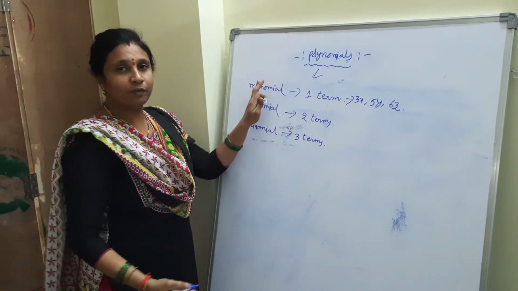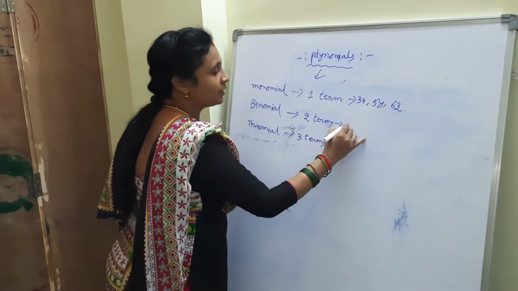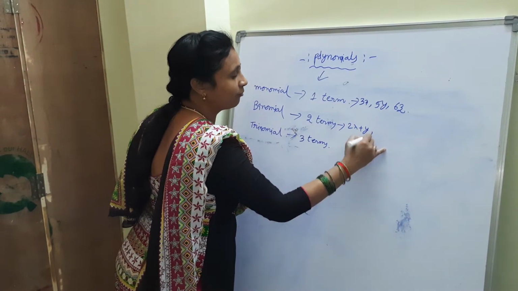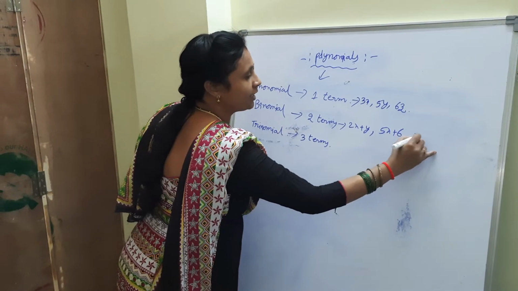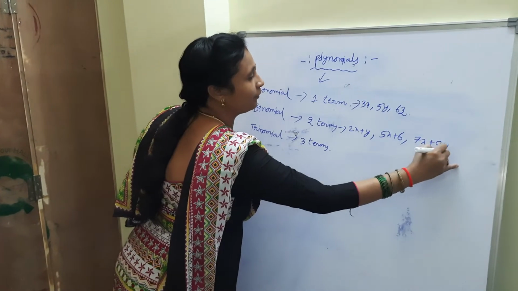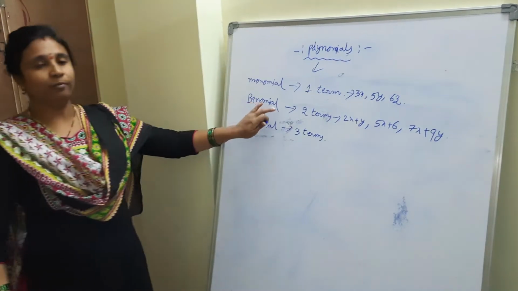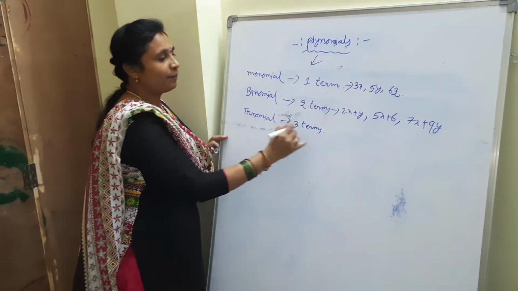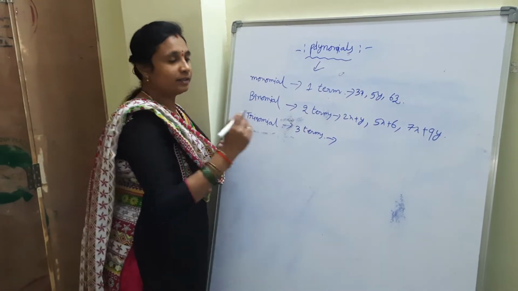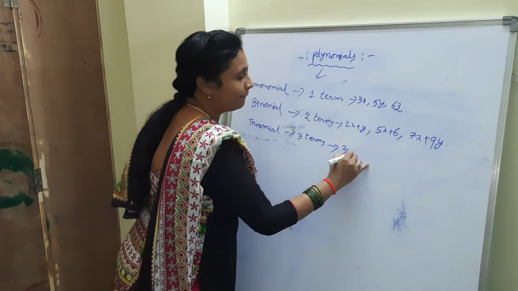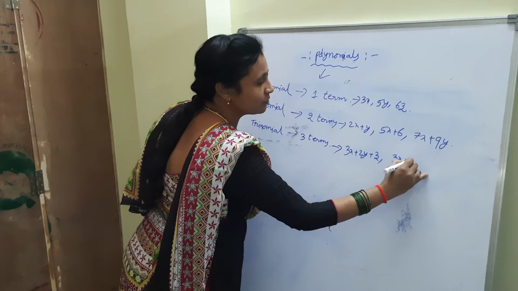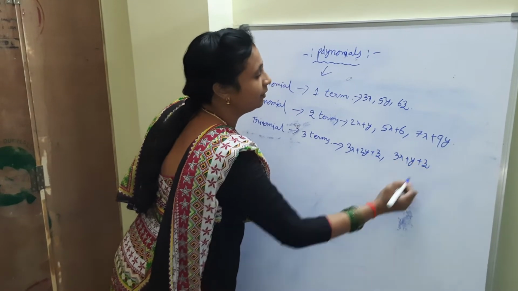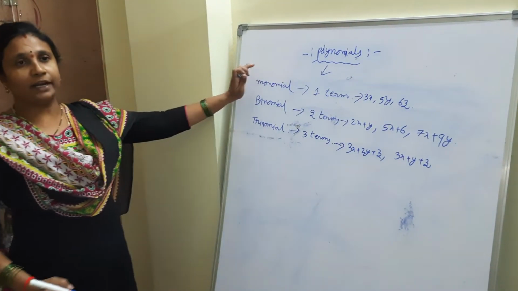Binomials are 2x plus y, 5x plus 6, 7x plus 9y. These are examples of binomials. Trinomials are 3x plus 2y plus z, 3x plus y plus z. These are examples of trinomials.